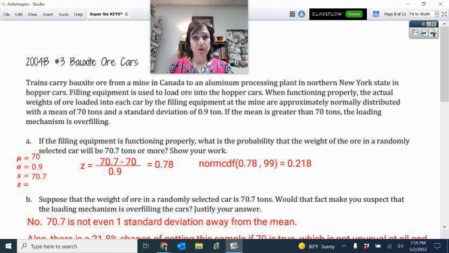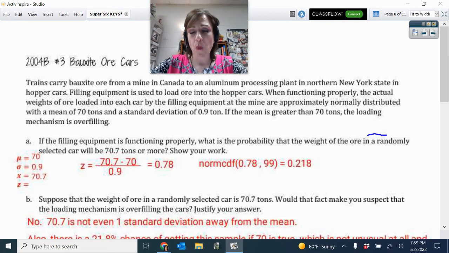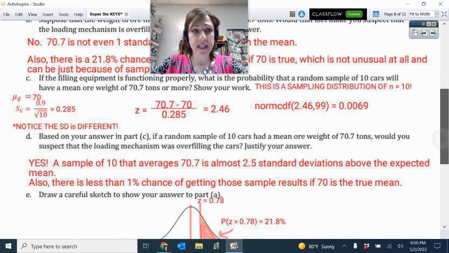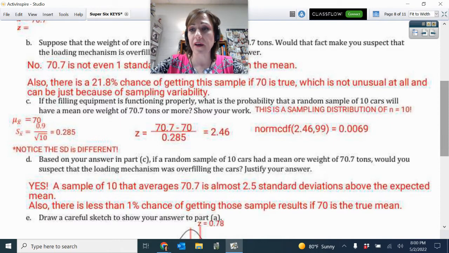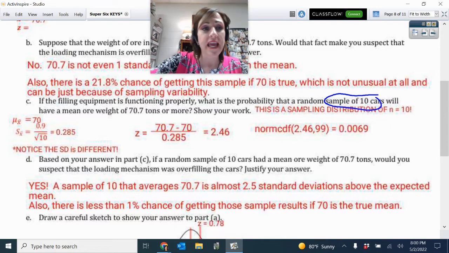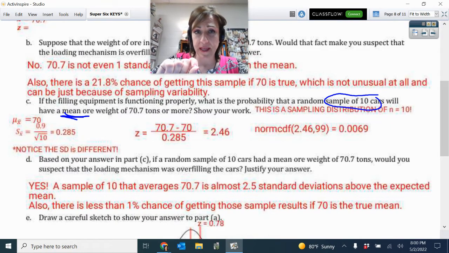So this one has to do with the normal model probability, but also sampling distributions. You're going to see as we progress through this page that we're not just talking about the probability of finding one randomly selected car, but we'll come down here and talk about the probability of finding a sample of 10 that have an average of something, a sample mean, not one.